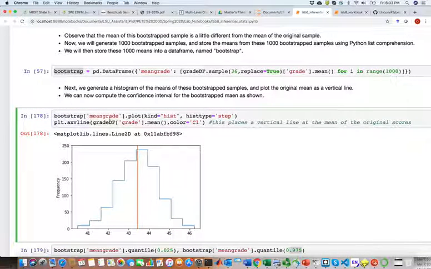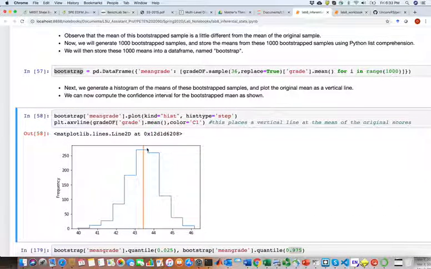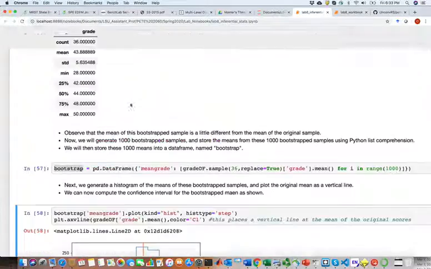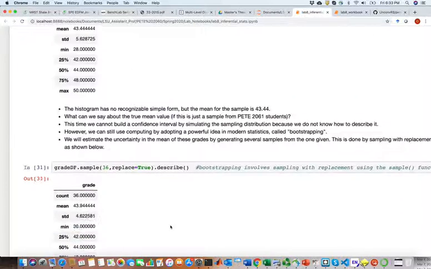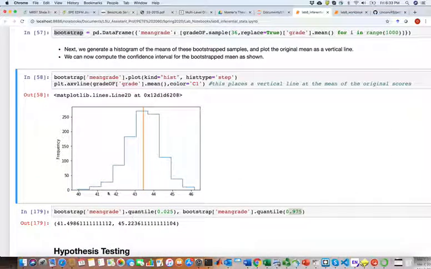When you run that, you obtain this histogram. The original data set looked like this, but when we generated 1,000 bootstrap samples from this distribution and calculated the mean of each of those, we plotted it up and got this, which looks almost symmetrical.